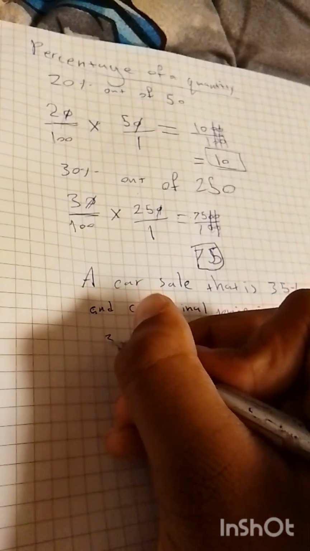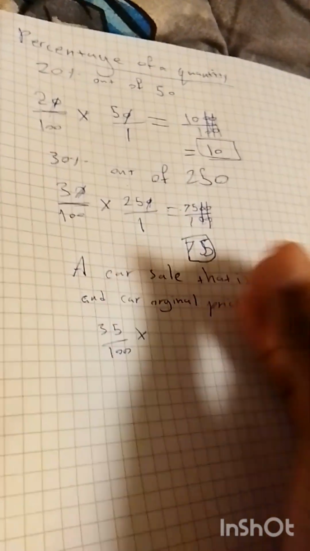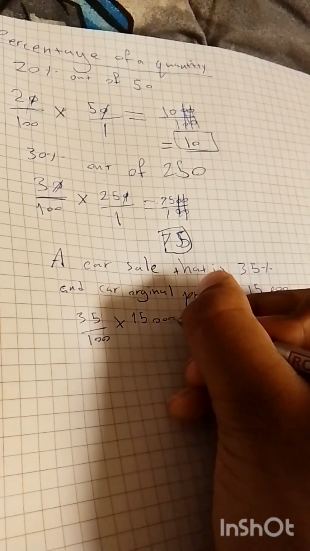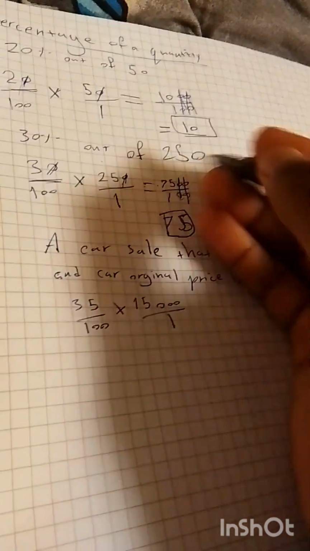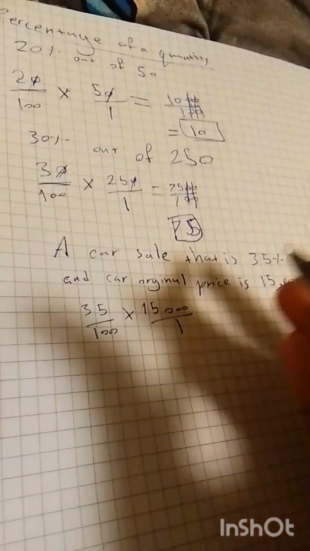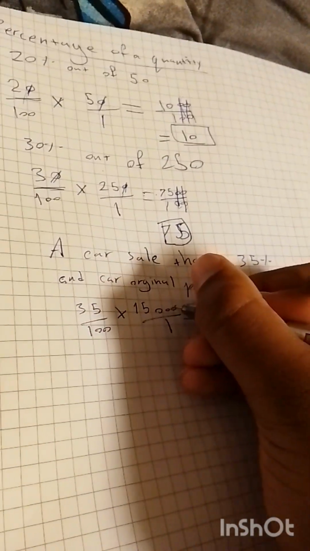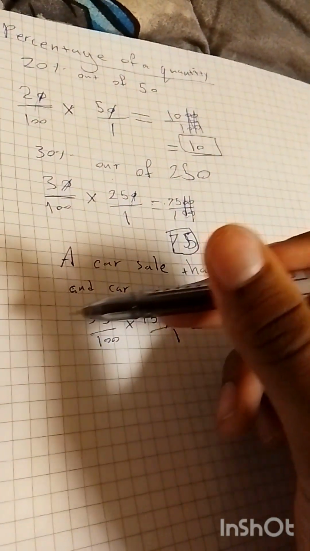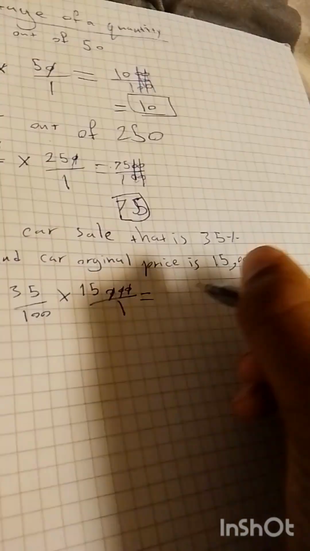So now 35% over 100 times 15,000. So 15,000 is going to have a 1 as the denominator, like these examples. So now let's multiply. Before we start multiplying, we have to slash out the zeros on the numerators. Because the 35 doesn't have zeros, we won't slash out anything. But 15,000 has 3 zeros, so we're going to slash them out.